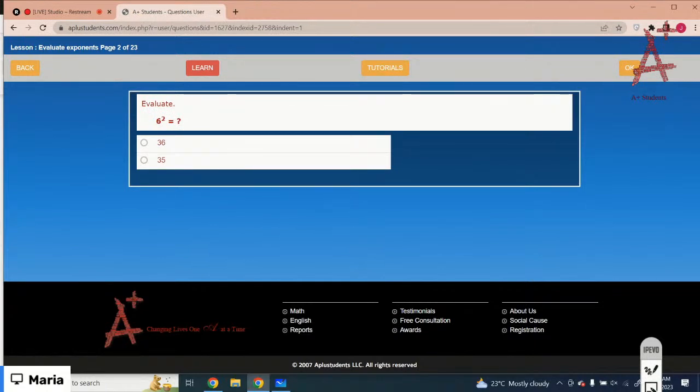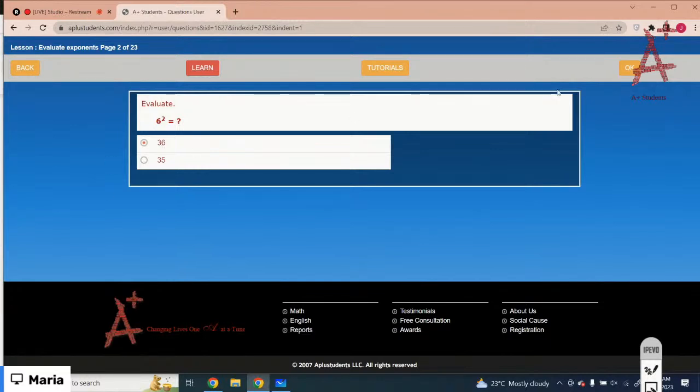Okay, evaluate 6 square equals 6 square means you have to do 6 times 6 and 6 times 6 is, yes, very good. That would be 36.